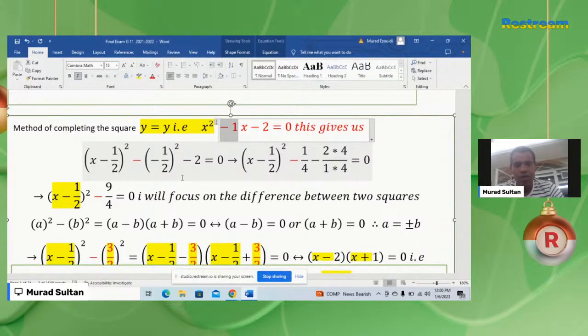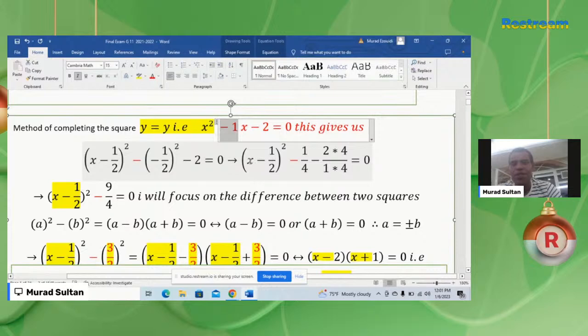So we said that I should divide minus 1 by 2. I will write x minus 1 over 2, all squared, minus minus 1 over 2 squared, minus the constant, which is negative 2, equals 0.